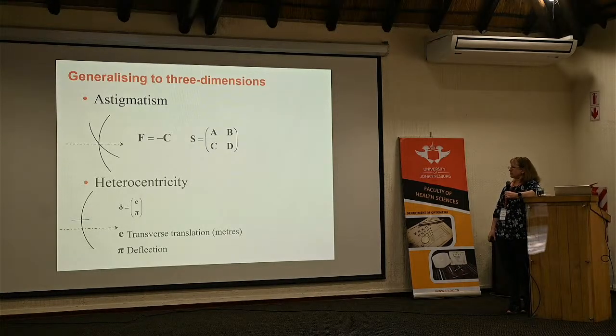When we have heterocentricity, we can define a little vector called delta, E and pi, pi simply being the Greek representative of the letter P, because it's going to be a deflectance or prismatic effect, and E is going to be the transverse translation in terms of the amount of decentration. It then becomes an additive component, which makes things a little bit messy.